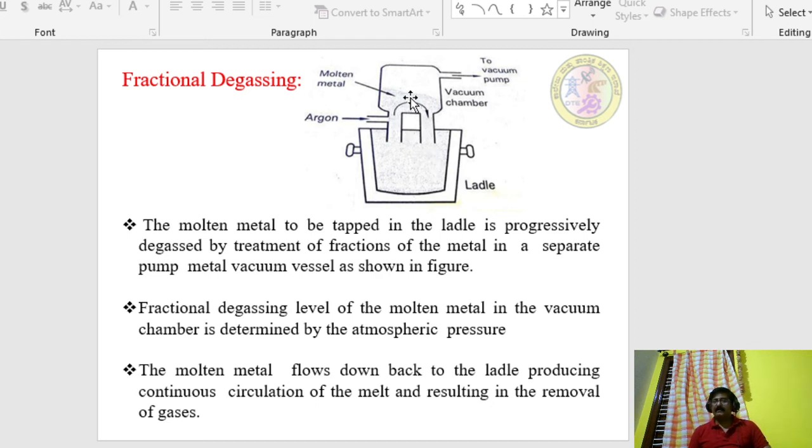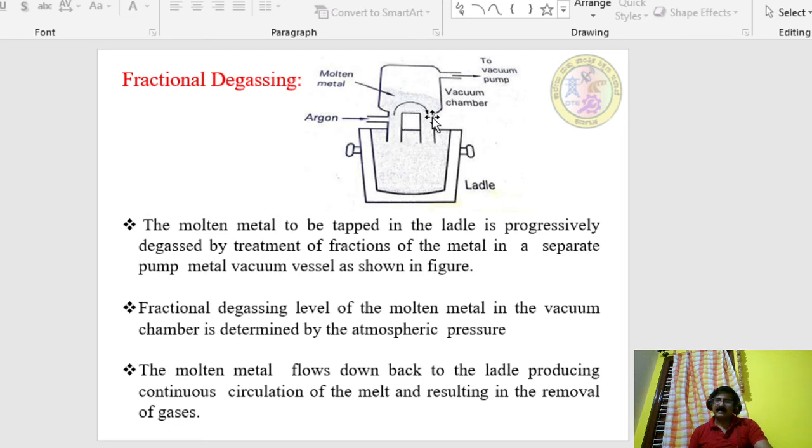So atmospheric pressure is very important, and it determines the fractional degassing level, and the molten metal flows down back to the ladle, producing continuous circulation of the melt and resulting in removal of gases.